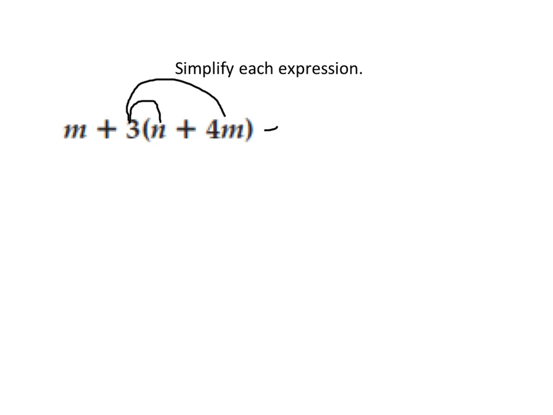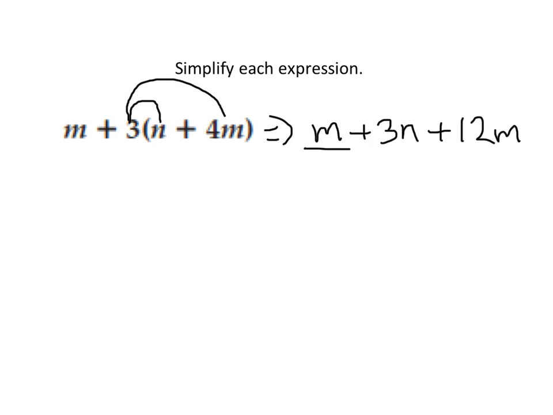So, now that I'm going to simplify, I have m plus 3 times n, which is 3n. And then I have 3 times 4, which is 12, and that's m. Alright, now we have a new expression. I'm going to look to see if there are like terms.